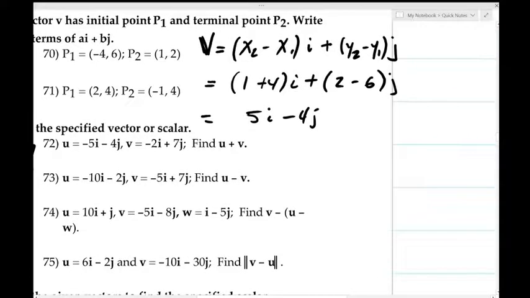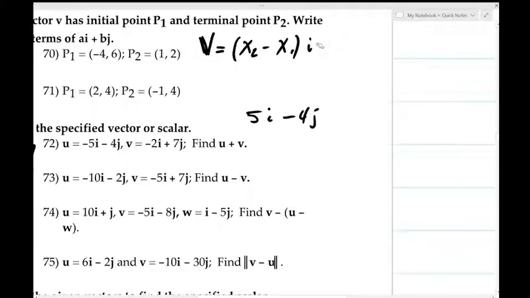So based on the 2 points that were given, that's how we come up with vector v. Okay. So 5i minus 4j.